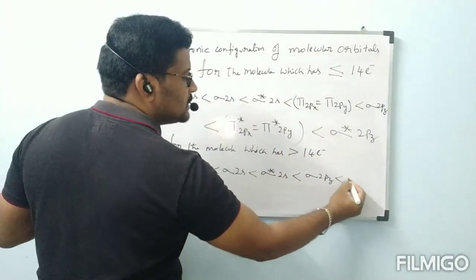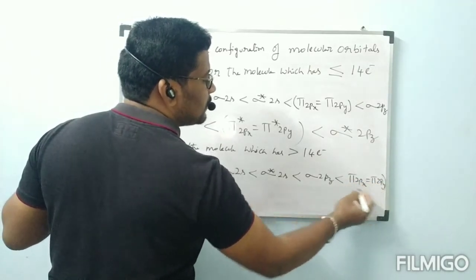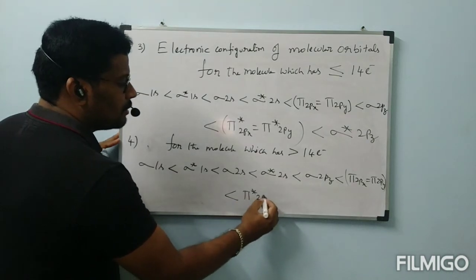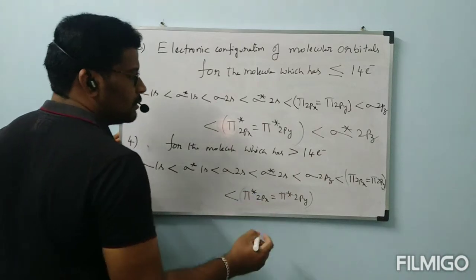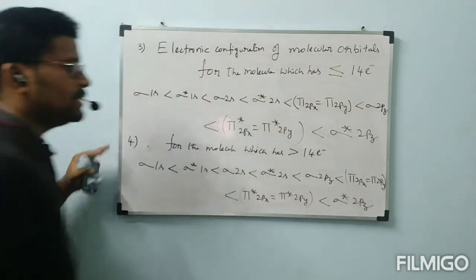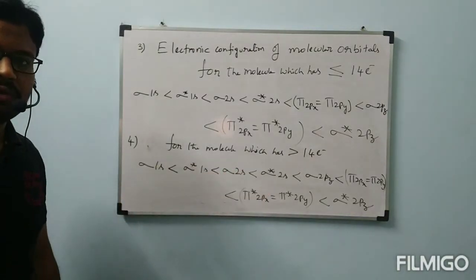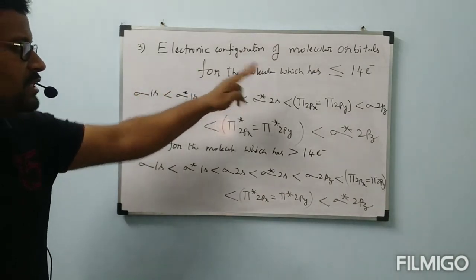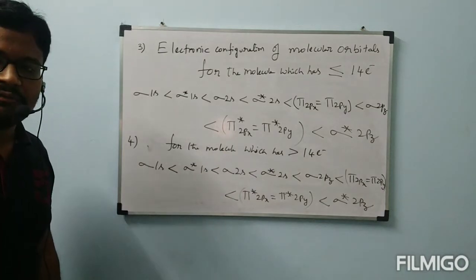Sigma 2pz is less than pi 2px equal to pi 2py, less than pi star 2px equal to pi star 2py, less than sigma star 2pz. This is the electronic configuration for the molecule which has greater than 14 electrons. The earlier one is the electronic configuration of molecular orbitals for the molecule which has less than or equal to 14 electrons, and this is for the molecule which has greater than 14 electrons.